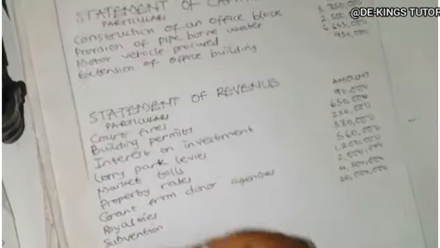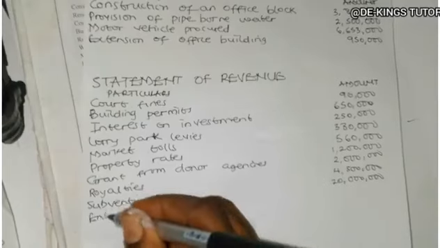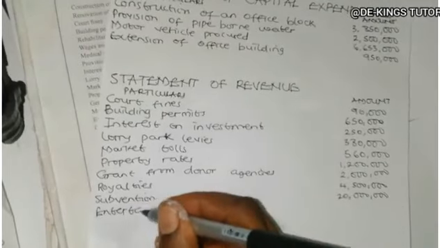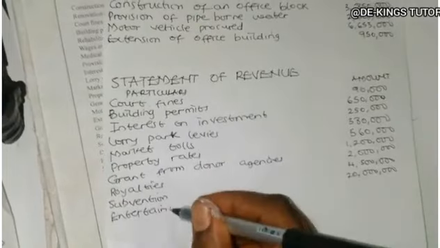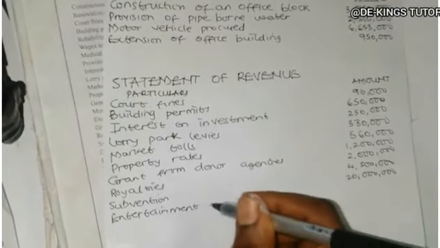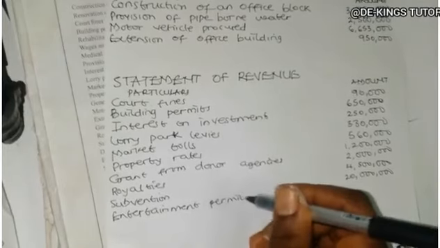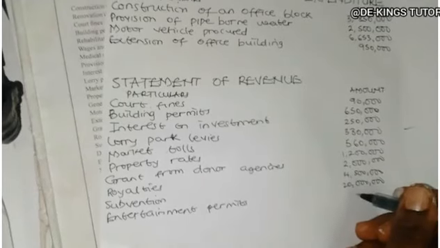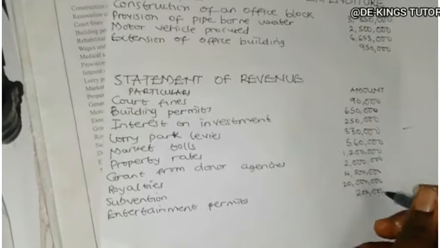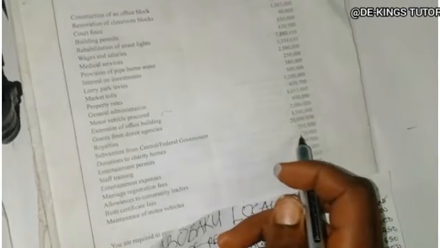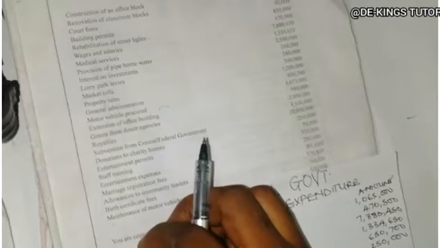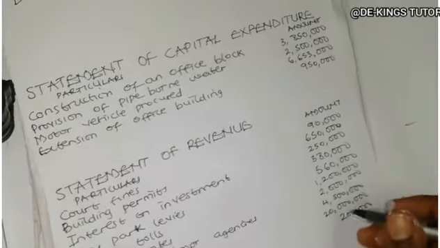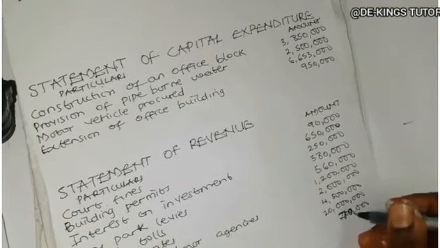So entertainment permit is 70,000, not 200,000.